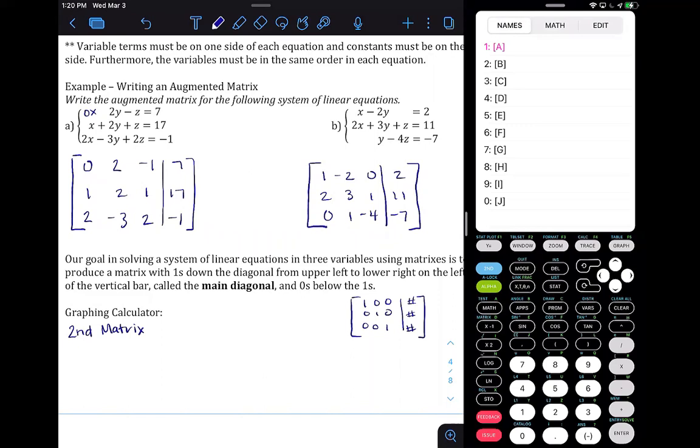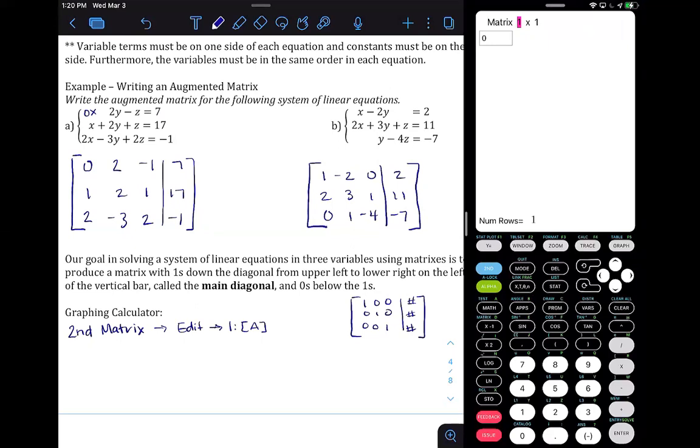And then we're going to go over to edit. I'm going to pull this up on my calculator. So you're going to go over to edit, and then we're just going to edit the first one, where it says A, and then hit enter.